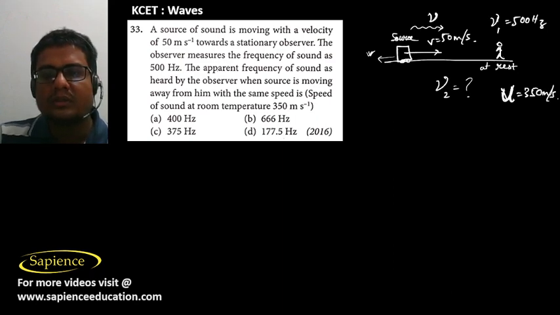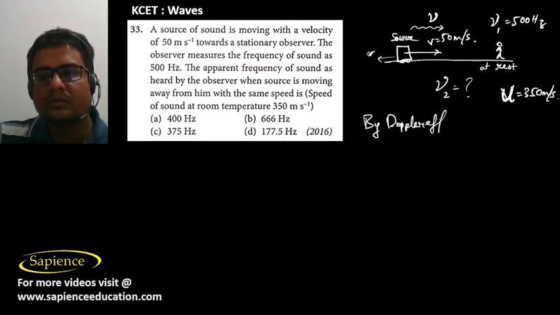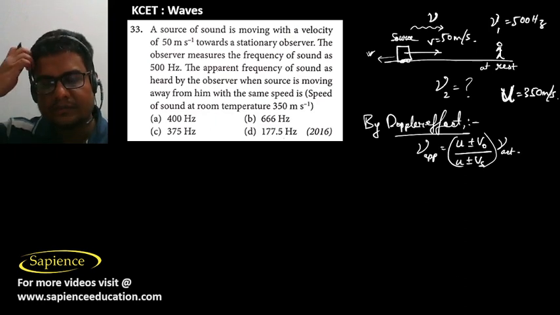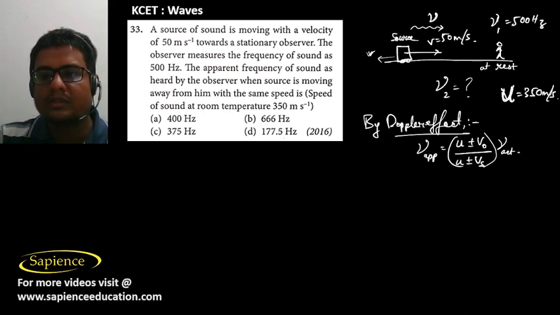So according to the Doppler effect in sound waves, the apparent frequency is given as (u plus minus v naught) by (u plus minus vs) into the actual frequency nu, where u is the speed of sound, v naught is the speed of the observer and vs is the speed of the source.